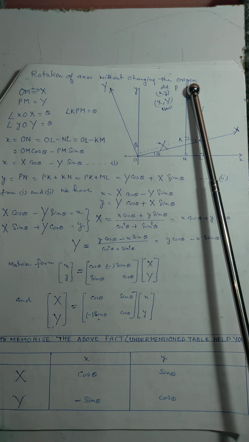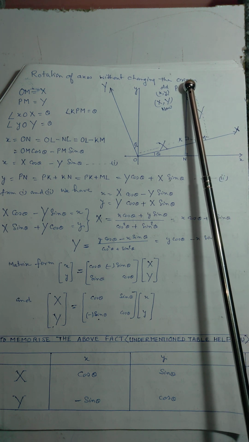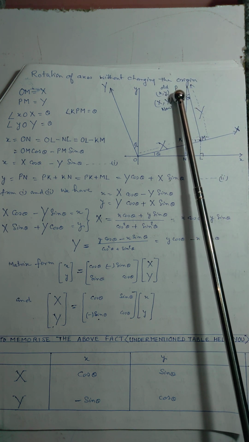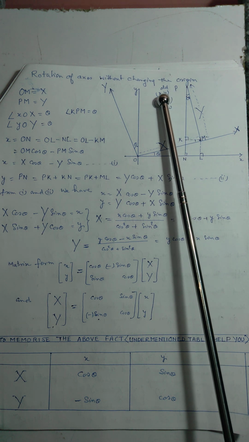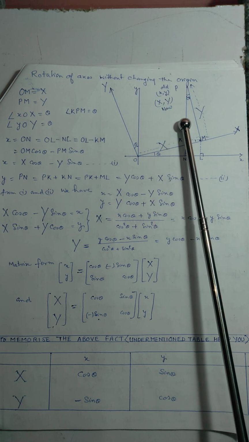The point P is here. Point P, and its old coordinate is small x and small y.